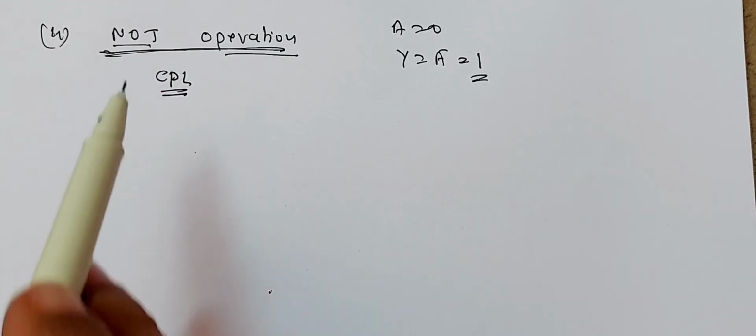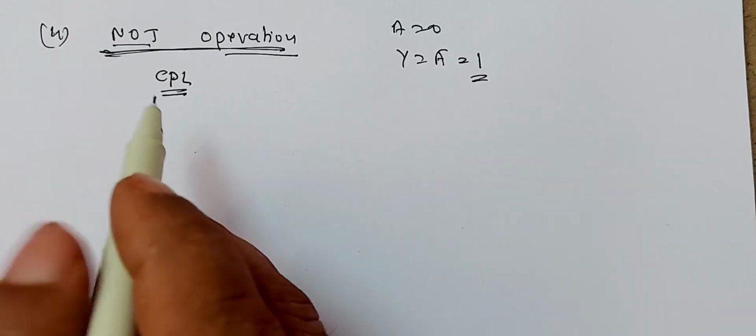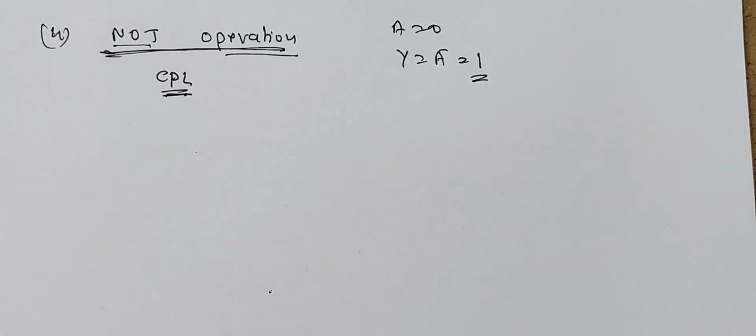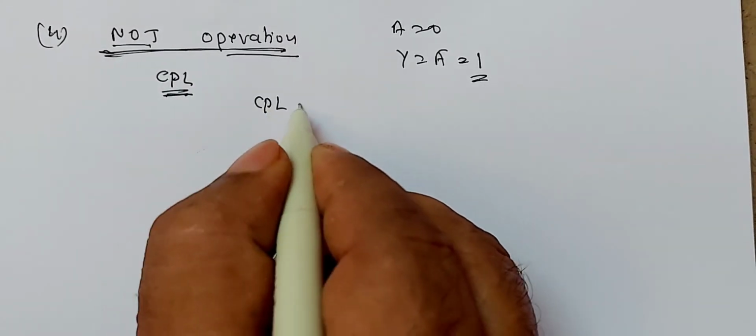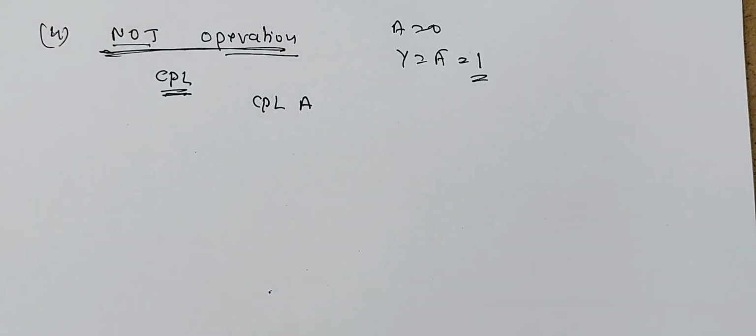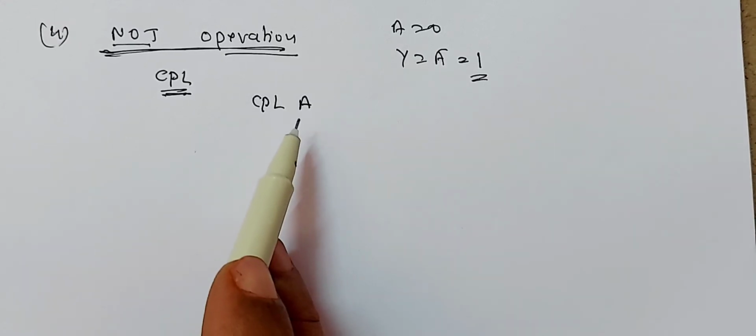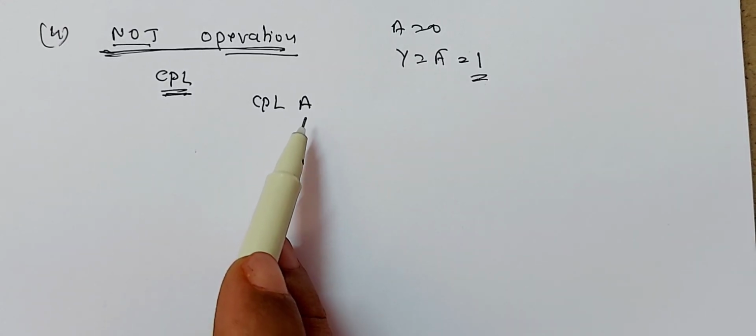In order to do the NOT operation, the opcode used is CPL. So for example, CPL A, that is complementing each bit of the content present in A.